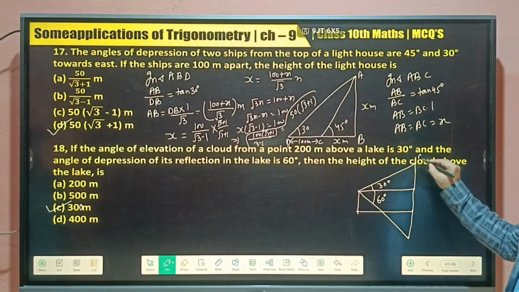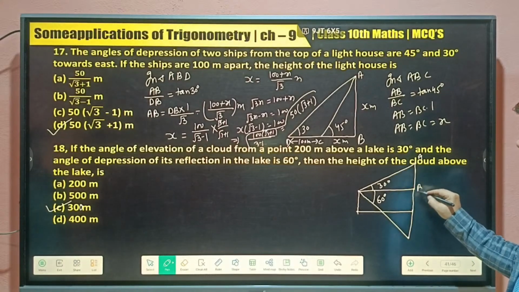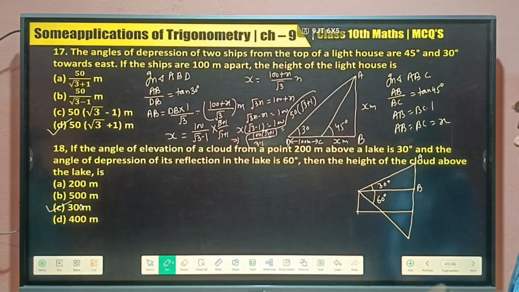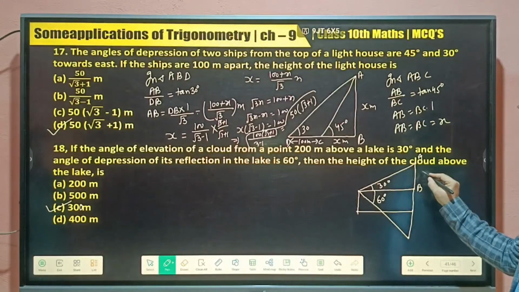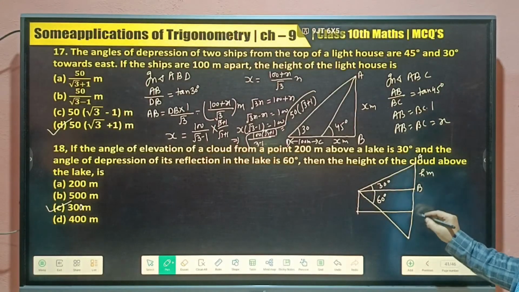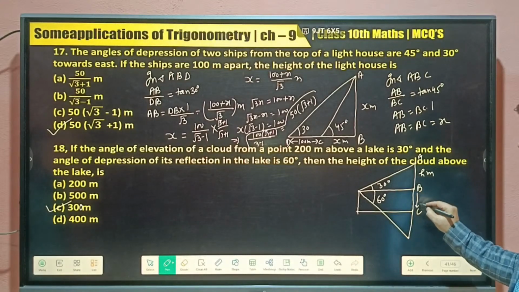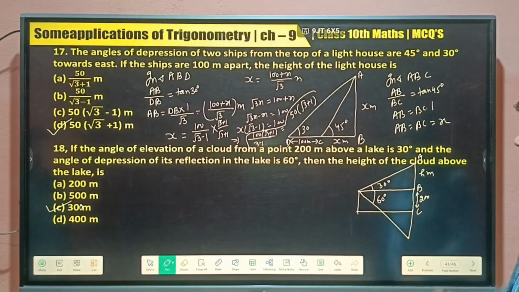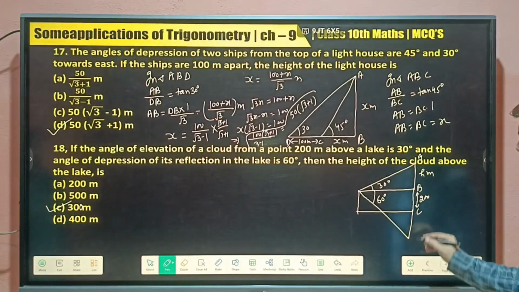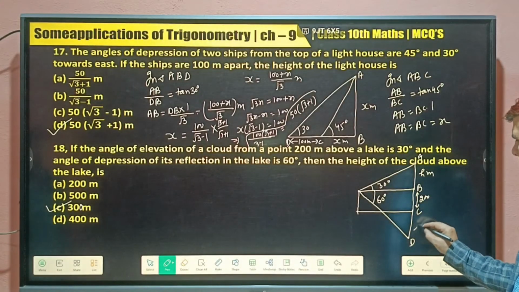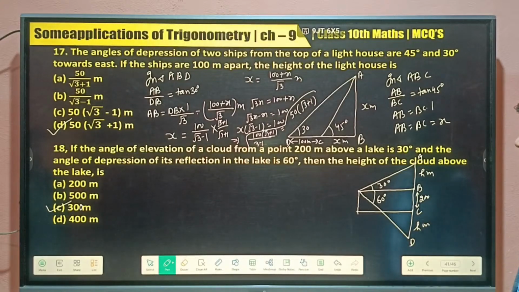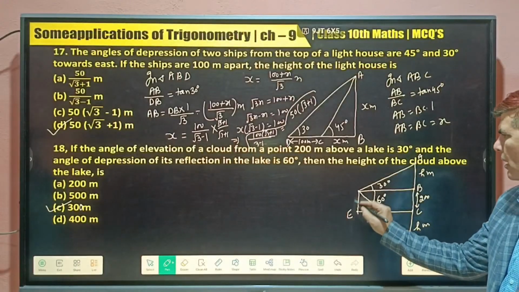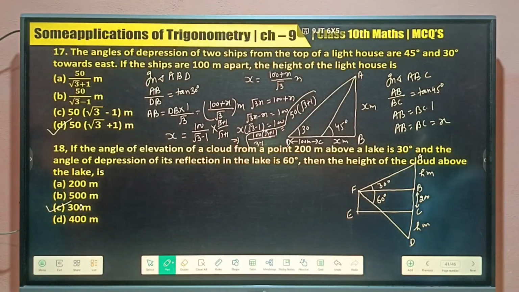So what's your A here? AB is equal to how much? H meter we have taken. BC is 200 meter. And D is H meter. This is E, and this is F. So what do we have to find out?